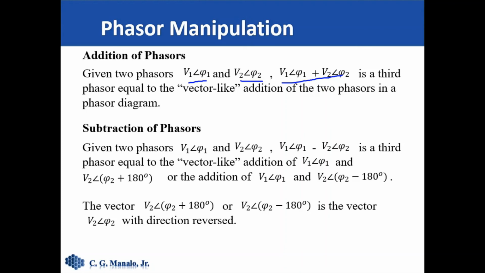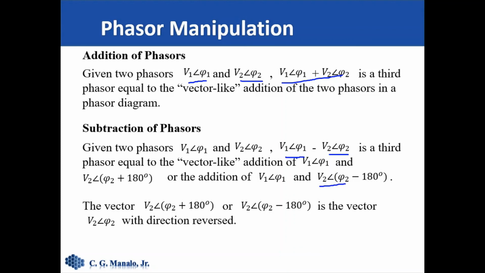Now for subtraction of phasors, that is also possible. Let's say we have phasor V1 minus phasor V2, we'll get a third phasor, which is like addition also, but with the phasor V2 reversed in its direction.